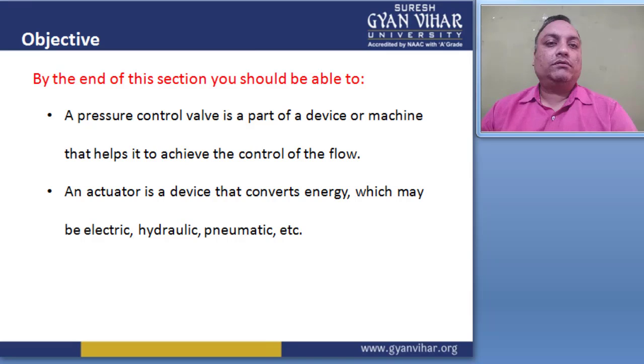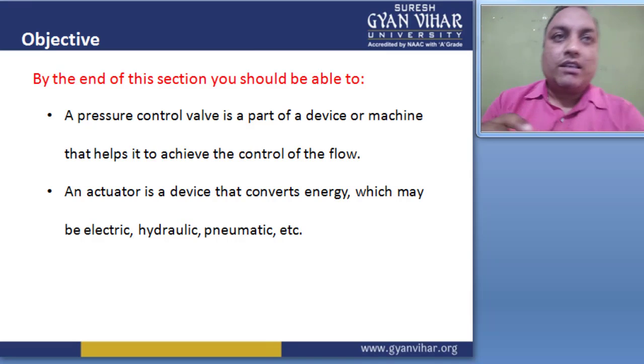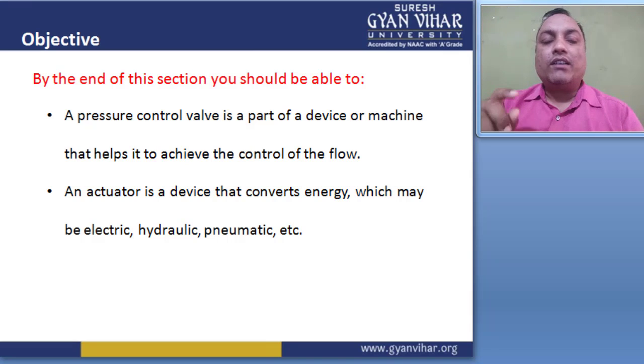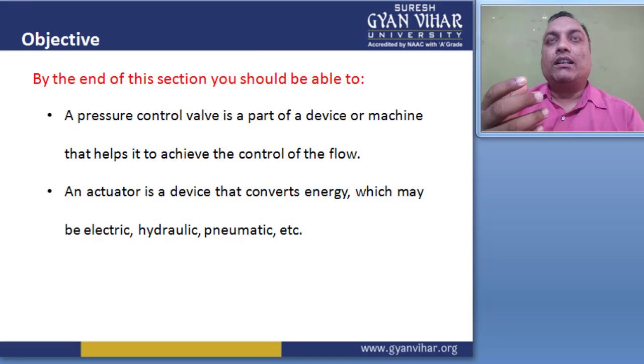A pressure control valve is a part of a device or machine that helps to achieve control of the flow. Here, an actuator is a device which converts the pressure energy of the fluid into mechanical work.